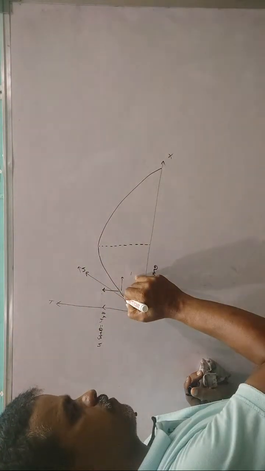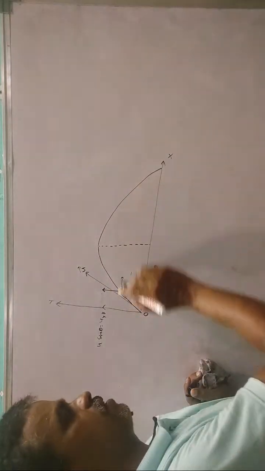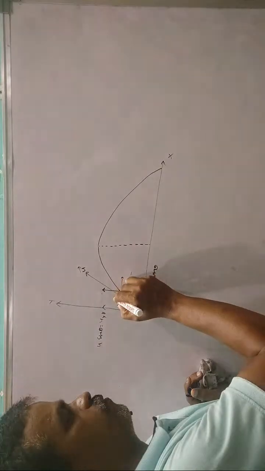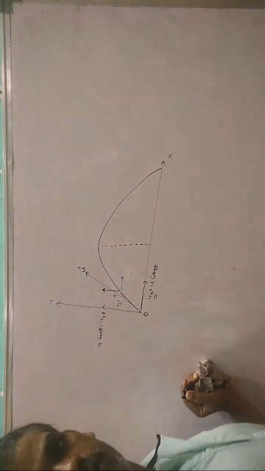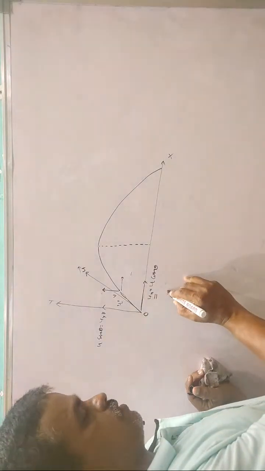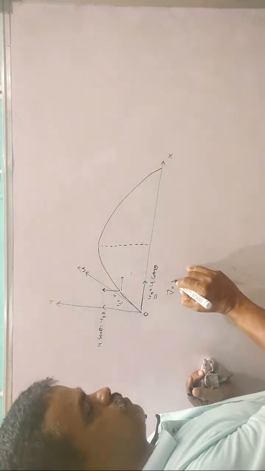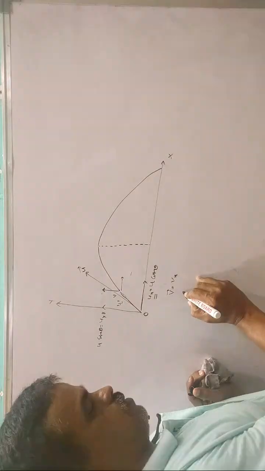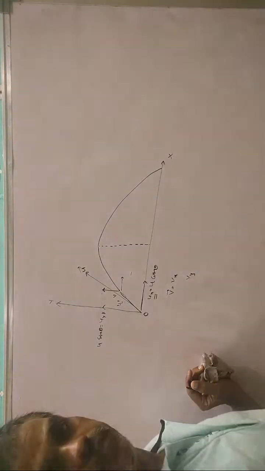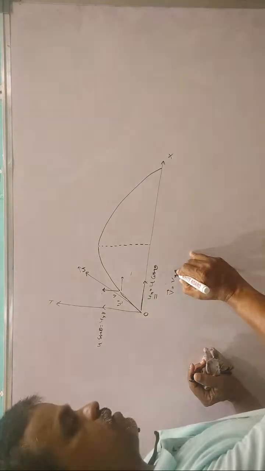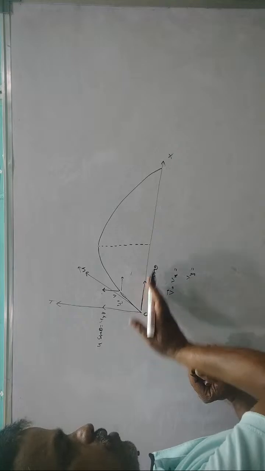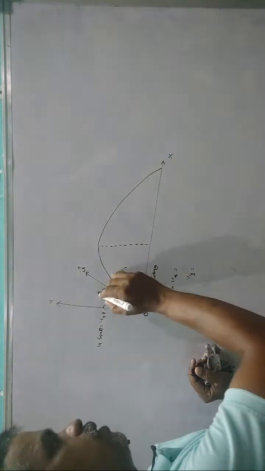After time t of travelling, the velocity will be v. This v vector has component vx along x-axis and vy along y-axis. Here ux, and here vx, vy.